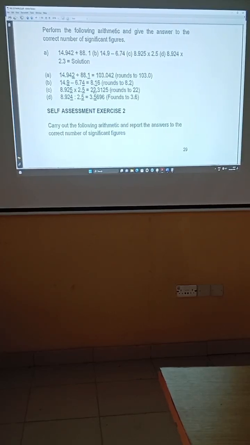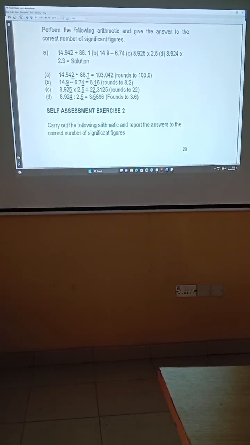So this is where we are ending here. We are rounding this up to 22 something. The one that is underlined is what we want to retain, and the one after the underlined one, that's what we are dropping.